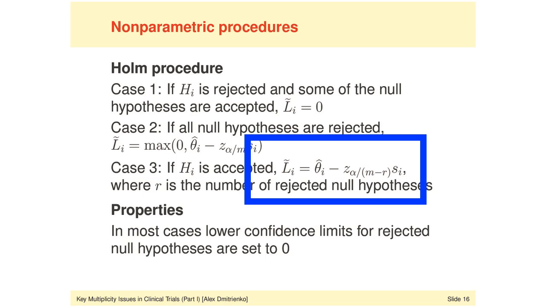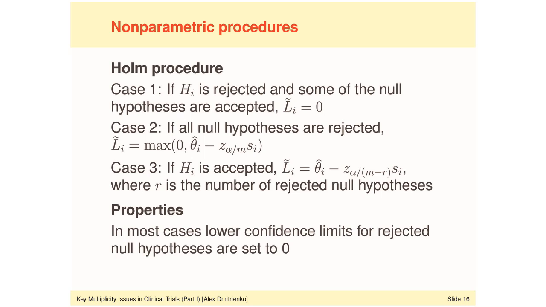And finally, in case number 3, we assume that the current hypothesis Hi is accepted, and other null hypotheses may be accepted or they may be rejected. And in this case, the lower confidence limit is simply the Bonferroni-based lower confidence limit, but it's based on m minus r hypotheses, where r is the number of rejected hypotheses in this problem. And as a result, the more null hypotheses are rejected, the less conservative this lower confidence limit becomes.